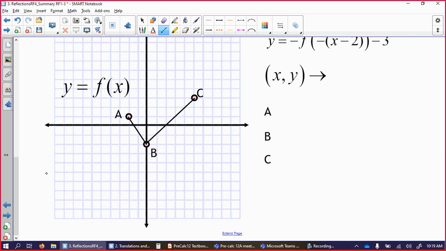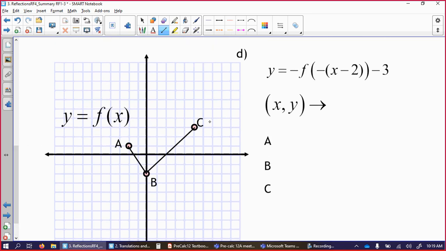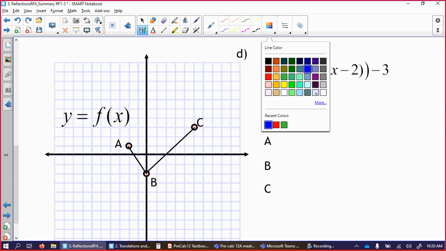And now comes to the point where it'd be like, okay, try this one on your own if we were sitting in school. But we can't really, but this one has a whole bunch of stuff. Let's try a different color.